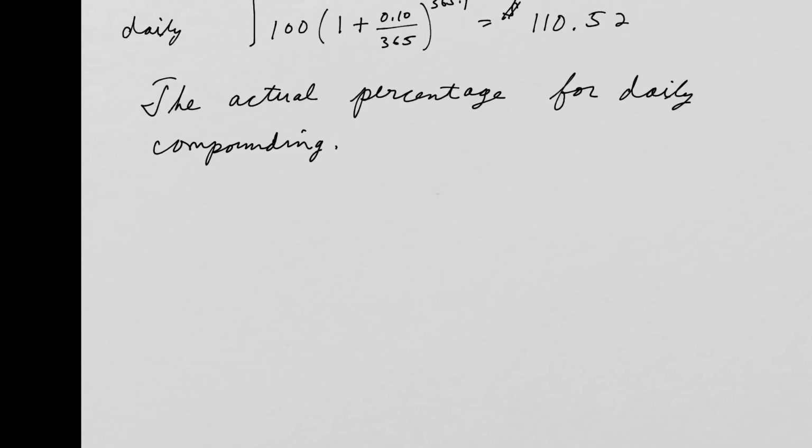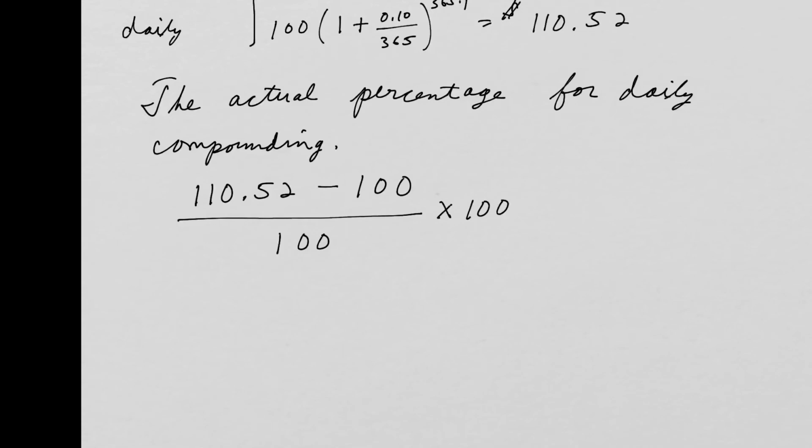Well, it's going to be the final amount, so 110.52, minus the initial, which was 100, divided by the initial. And then times 100 just makes it a percent. You multiply by 100 to make it a percent. So if you do this, you're going to get 10.52%.